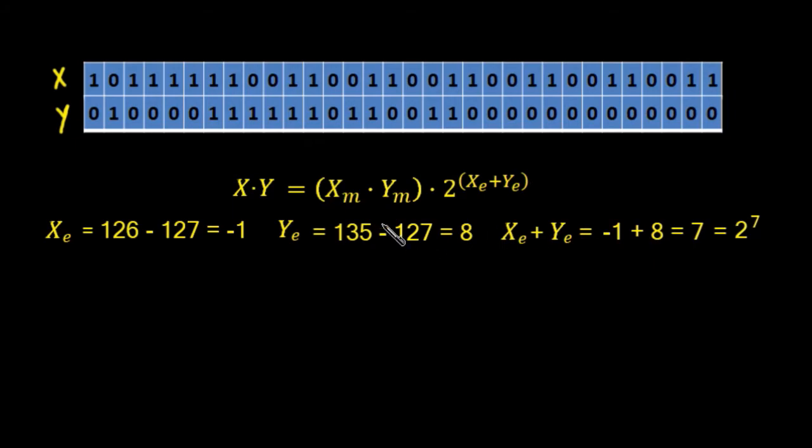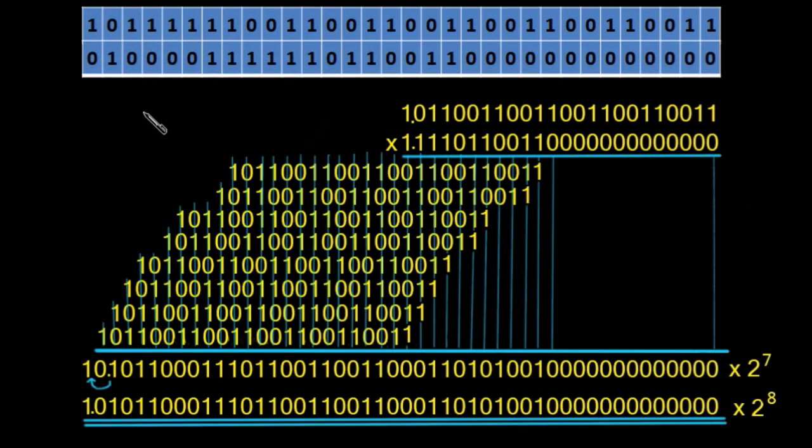Let's go ahead now and we'll multiply the mantissas. So these are our two 32-bit numbers here that we're multiplying. The top one is our x and the bottom one is our y. Now we're interested in multiplying only the mantissa, so the mantissa starts at bit 10. So the first bit is the sign, and then the next 8 bits are the exponents, so it's going to be 1, 2, 3, 4, 5, 6, 7, 8.